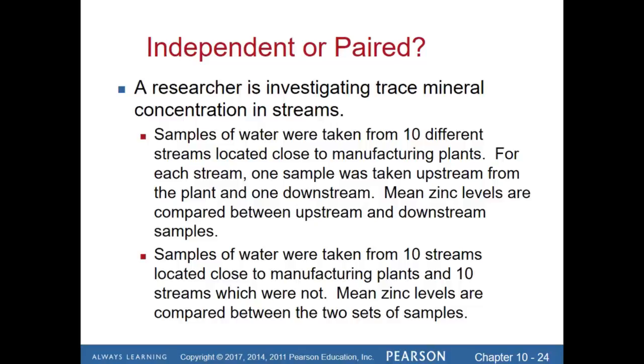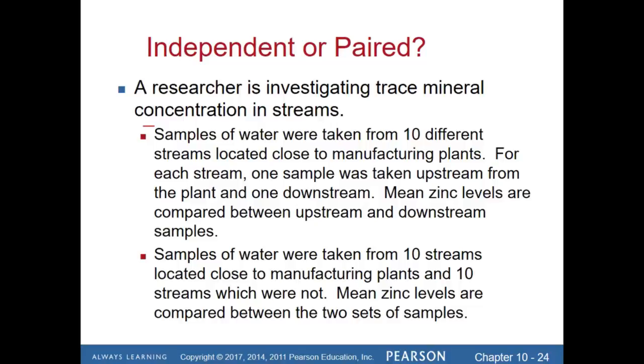And again, what we're doing is comparing mean zinc levels between the two sets of samples. So one of these examples represents independent mean comparisons. The other one represents paired mean comparisons. Which is which? All right, so let's think about that.